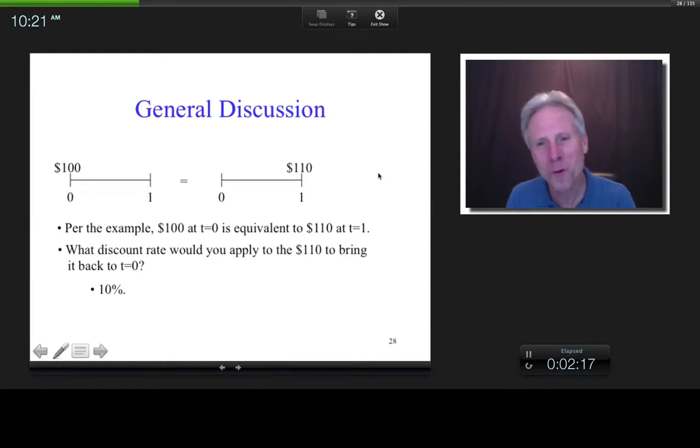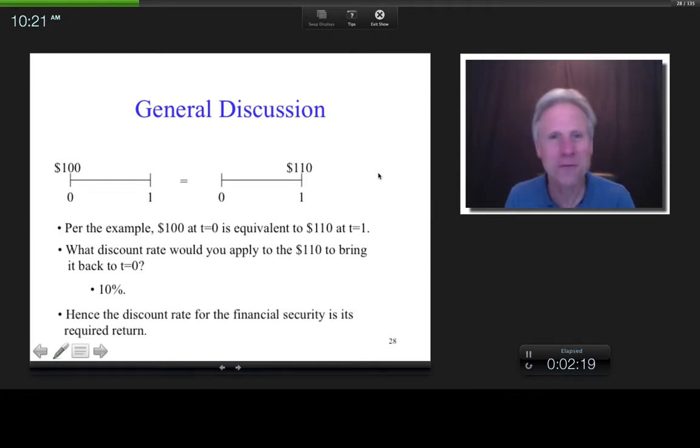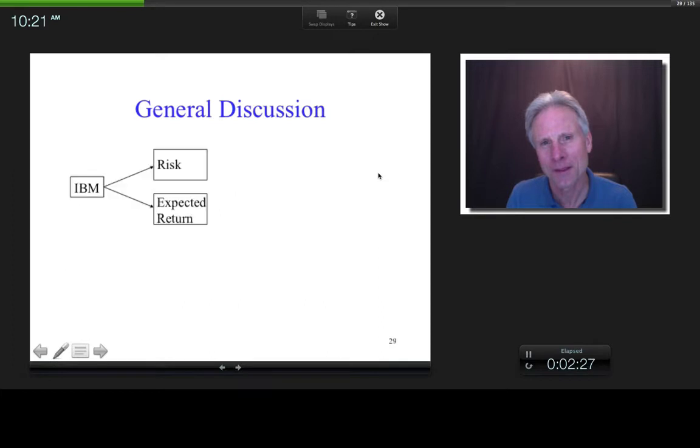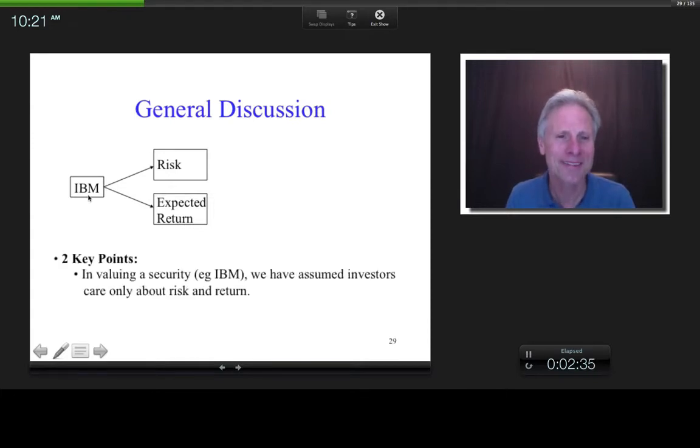And so therefore, the discount rate for the financial security is its required or expected return. So if we put this in perspective, what that means is here we have IBM. We've assumed that investors care only about 2 things, risk and expected return. And this expected return is the discount rate for the financial security.